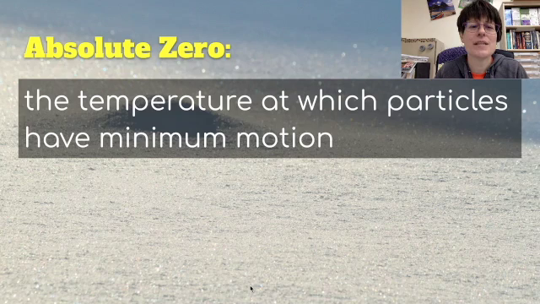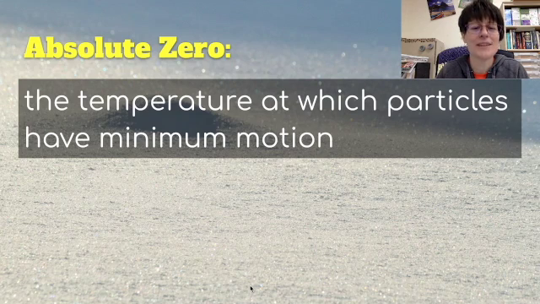It is actually impossible to reach this temperature because there's always going to be heat leaking in from somewhere in the universe. And in order to have something at absolute zero, you would actually have to have something colder, which is impossible. So make sure you have impossible written next to absolute zero in capital letters.